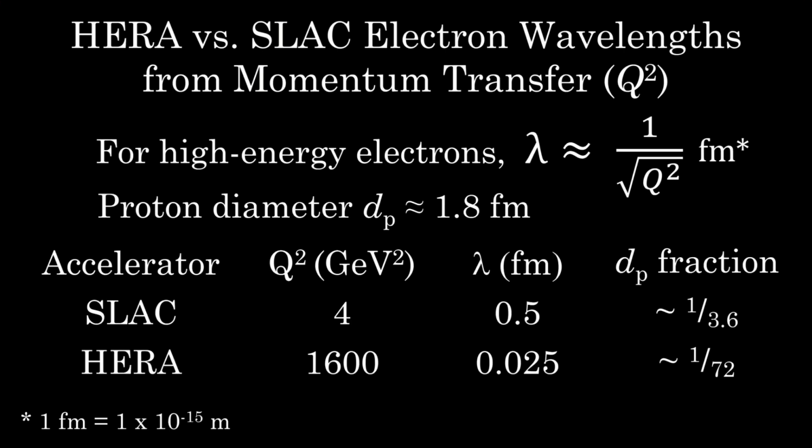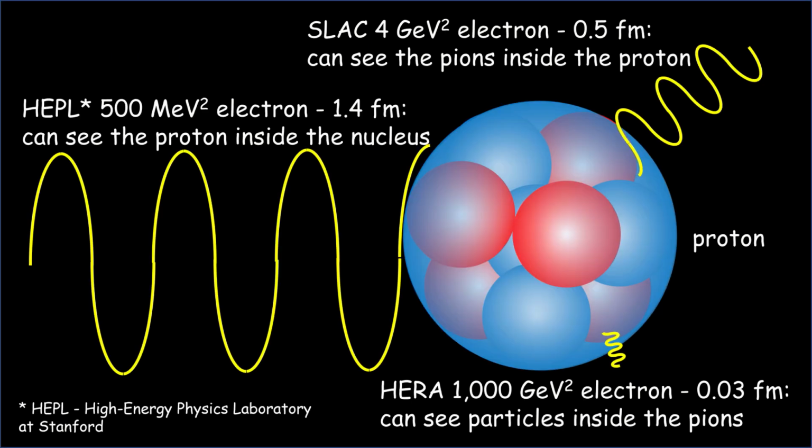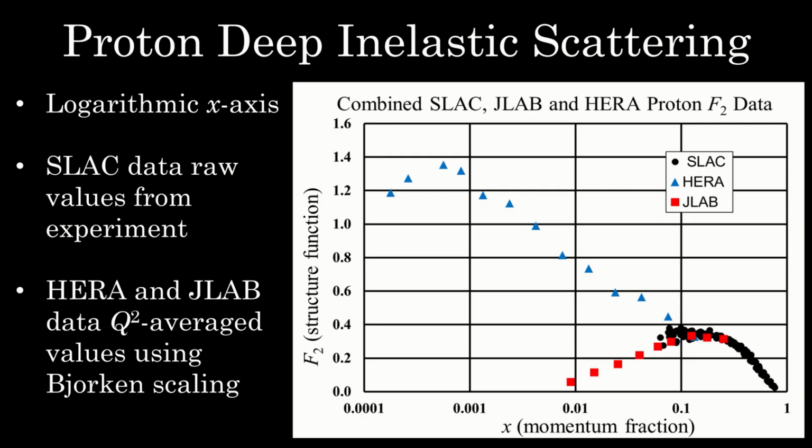In the HERA experiments, the high-energy probing electrons have a much shorter wavelength than those of the low-energy SLAC and JLAB experiments. This means that the HERA electrons can see finer detail within the proton than the SLAC and JLAB electrons. They have a higher resolution. From the SLAC-JLAB F2 curve, their electrons can resolve the pions within the proton.